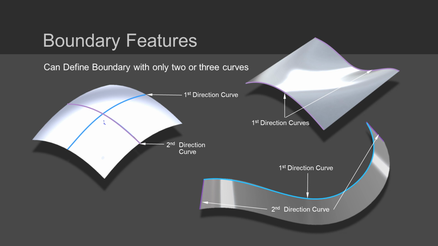Of course, like Loft, you can do just two or more first direction curves, or you can, as I often do in creating reference surfaces, create two first direction curves with just a single second direction curve, or as shown in the example here, just a single direction curve and two second direction curves.